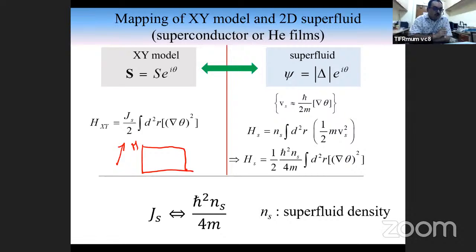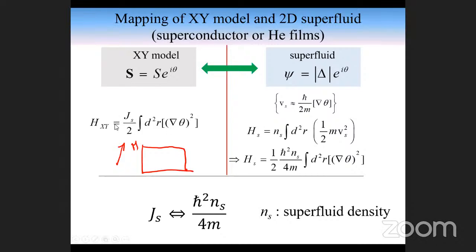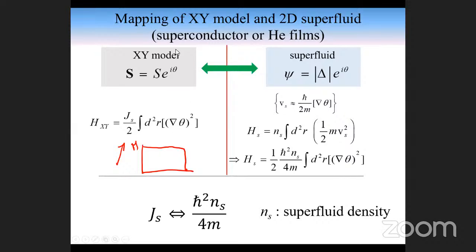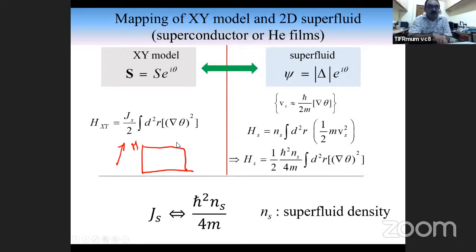Exactly. So if you have understood the BKT transition in the XY model, you can see that this Hamiltonian for the XY model and this Hamiltonian for the two-dimensional superconductor are identical. The only thing is that in this Hamiltonian, theta corresponds to the angle that the spin makes, and in the superconductor or the superfluid, theta is the phase of the order parameter.